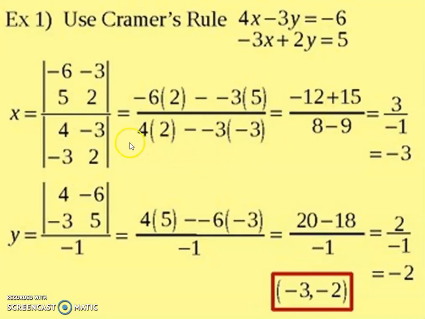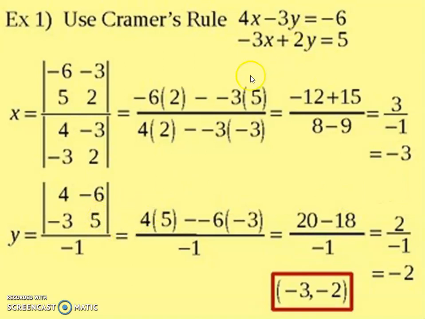Also 4 into 2 is 8 and minus 3 into minus 3 is plus 9, but with the minus symbol in front, we write 8 minus 9. So we get 3 upon minus 1. If the denominator is negative, you should write minus 3 for the numerator also.